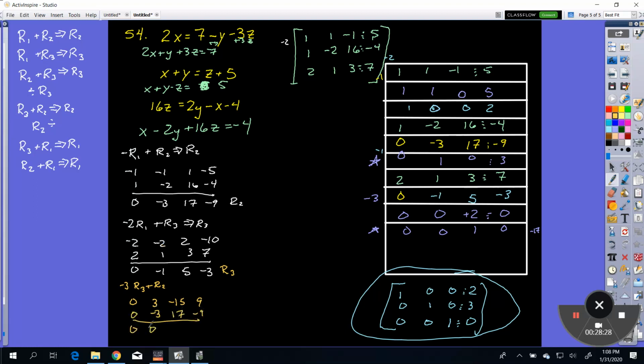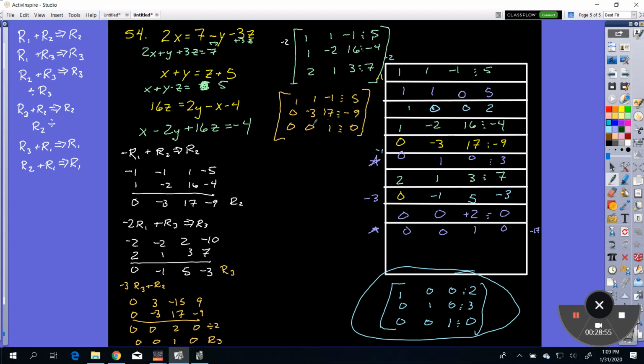That becomes 0, 0, 2, 0. I divide it by 2. I get 0, 0, 1, 0. And that's my new row 3. So 0, 0, 1, 0. That's my row 3. My row 2 is 0, negative 3, 17, negative 9. And row 1 is 1, 1, negative 1, 5.